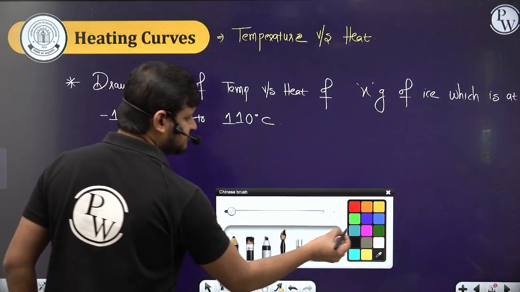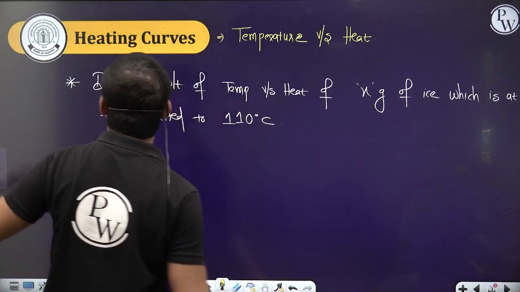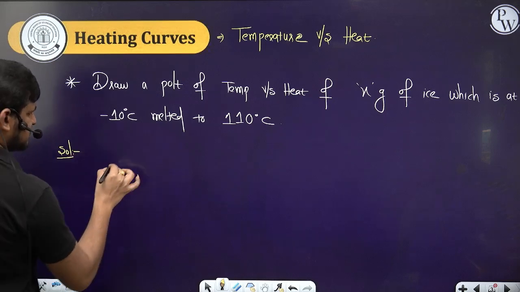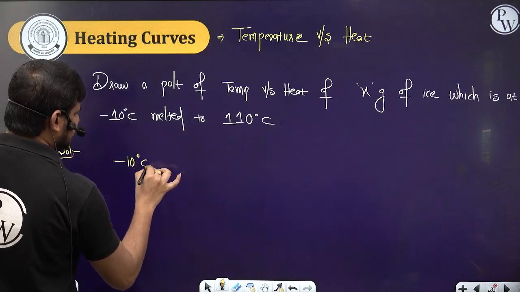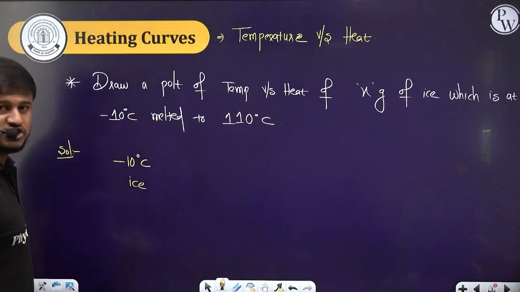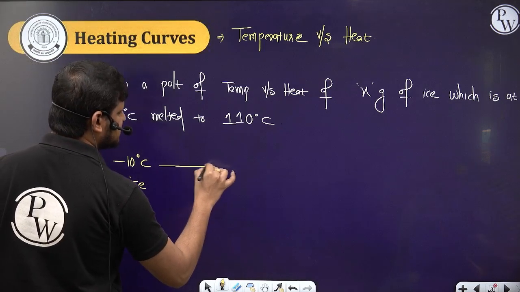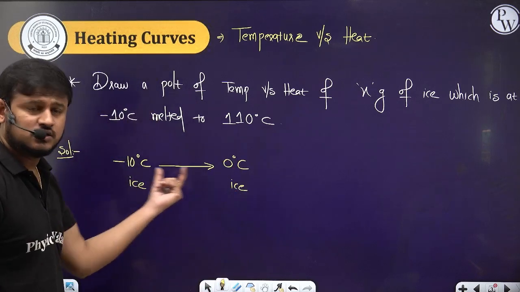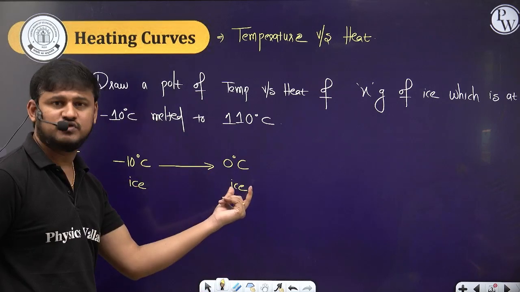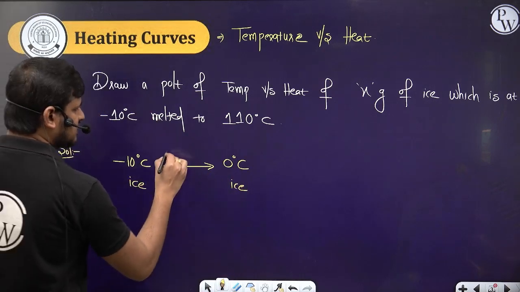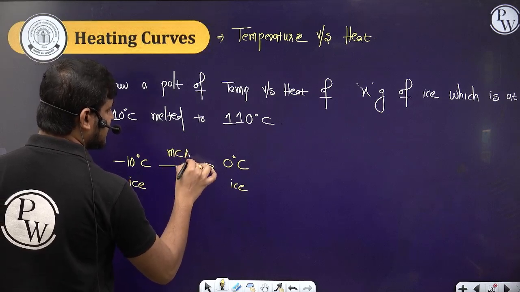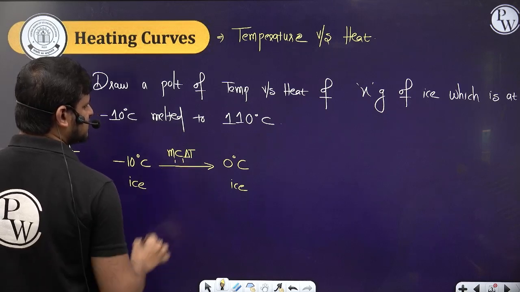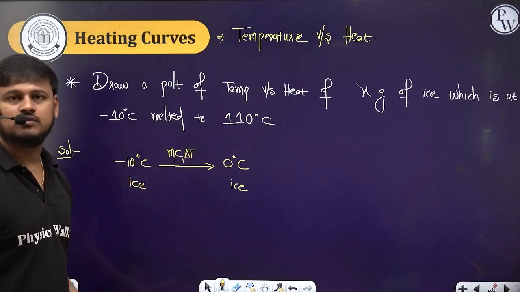First thing is, what are the temperatures involved in it? What are the heat transfers involved in it? See, first it is existing at minus 10 degrees centigrade, which is ice, right? From here it will reach ice at 0 degrees. So from here to here, what happens? The heat transfer takes place, m c delta t: the mass of the ice into the specific heat of the ice into delta t.